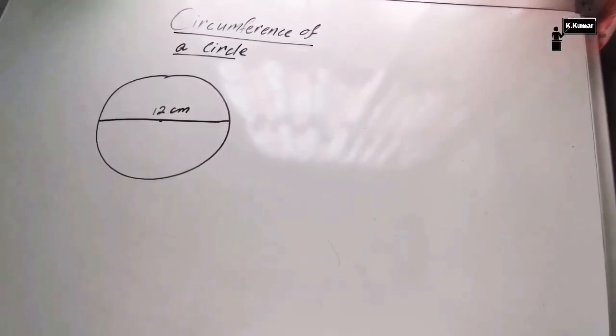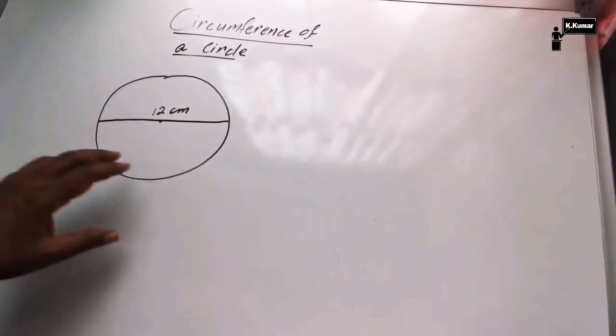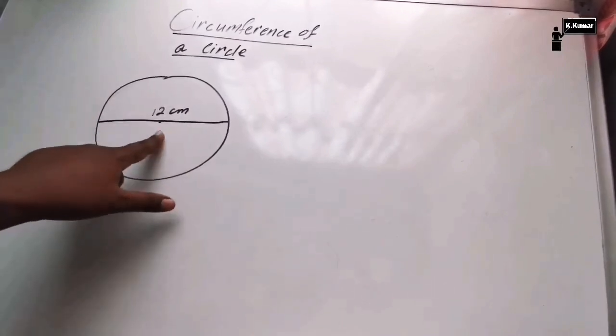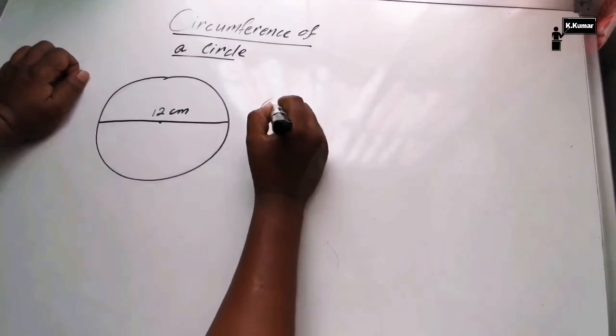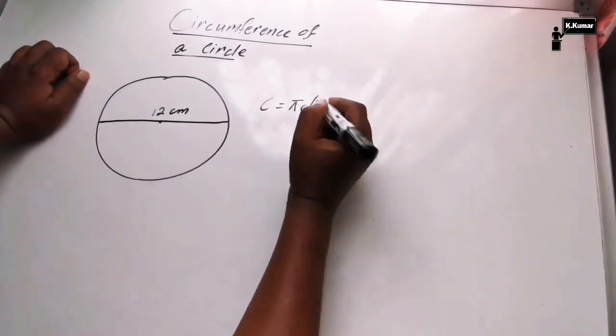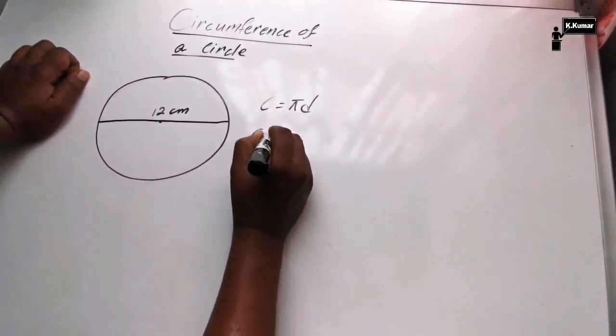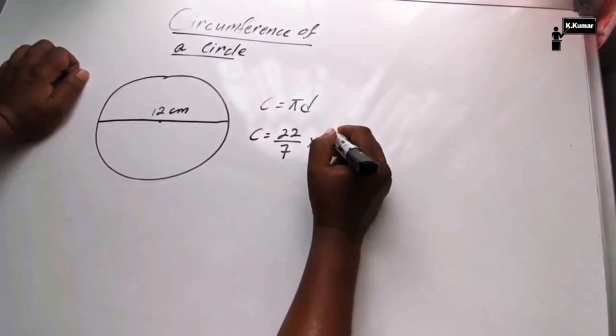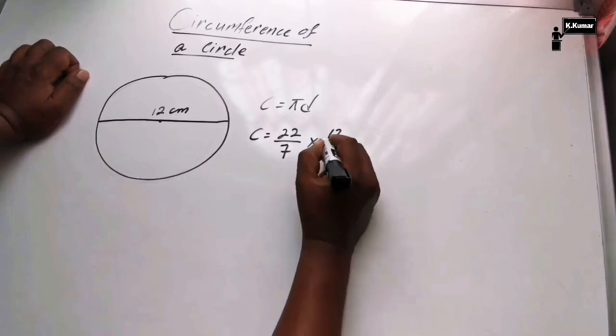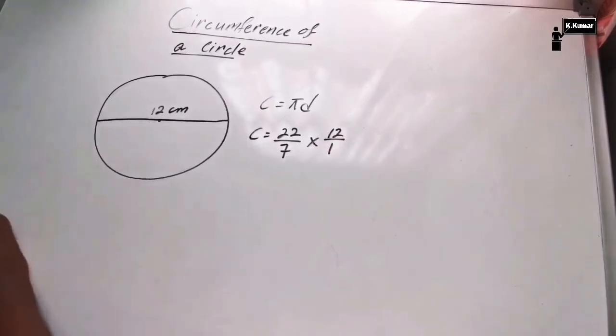In this example, you're given the diameter, right? So the formula we have to use is C equals pi d. C equals 22 over 7 times the diameter, which is 12. We make this into a fraction, we put it over 1.